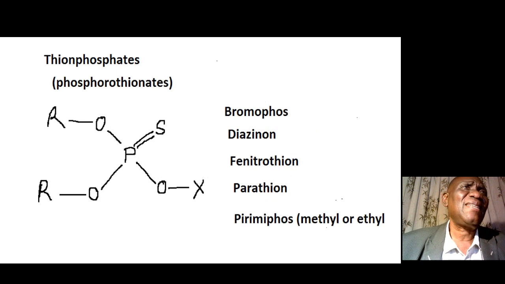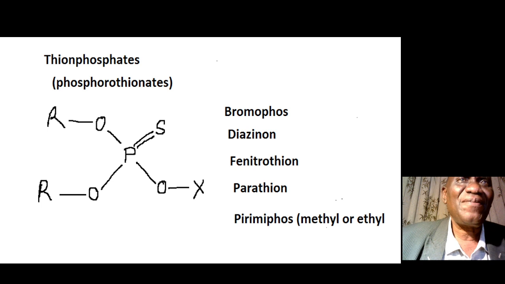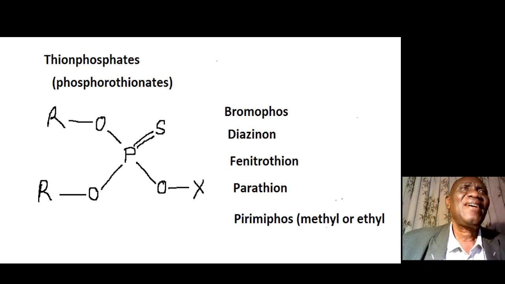Moving on to the thione phosphates, we now have a sulfur. This makes thione phosphates. These are the examples. Maybe you are familiar with them. Bromophos, diazinon, phenylthione, parathione. These are quite toxic. Then pirimiphos. And you can have methyl or ethyl groups.